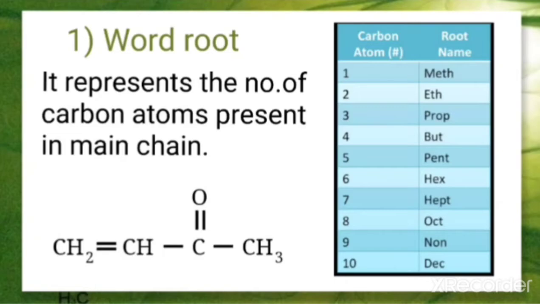And in order to write the word root, it is necessary to learn the root names: meth, eth, prop, but, pent, hex, hept, oct, non, dec. It's very important to learn the root names from 1 to 10, so that we can write the IUPAC name for different organic compounds.